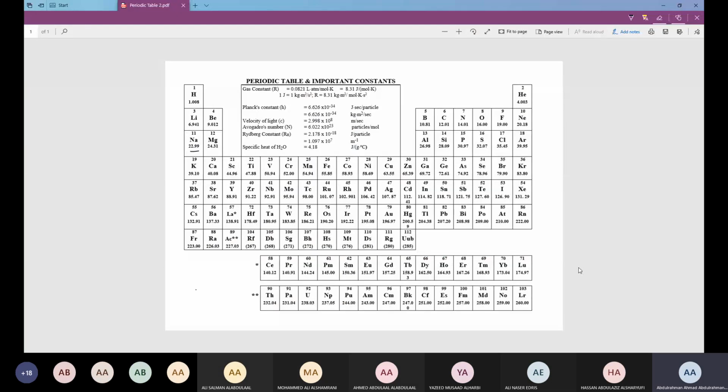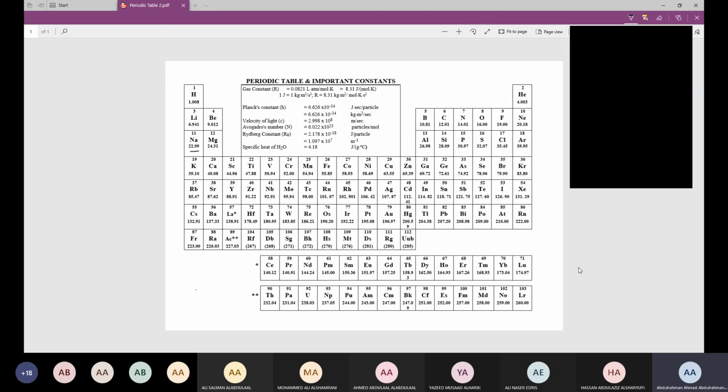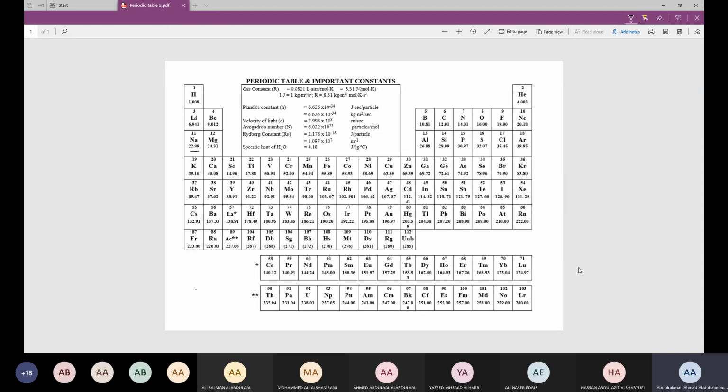Okay, good. All right, so this is our periodic table. In this table, most of the elements, written in black, are available naturally as solids.